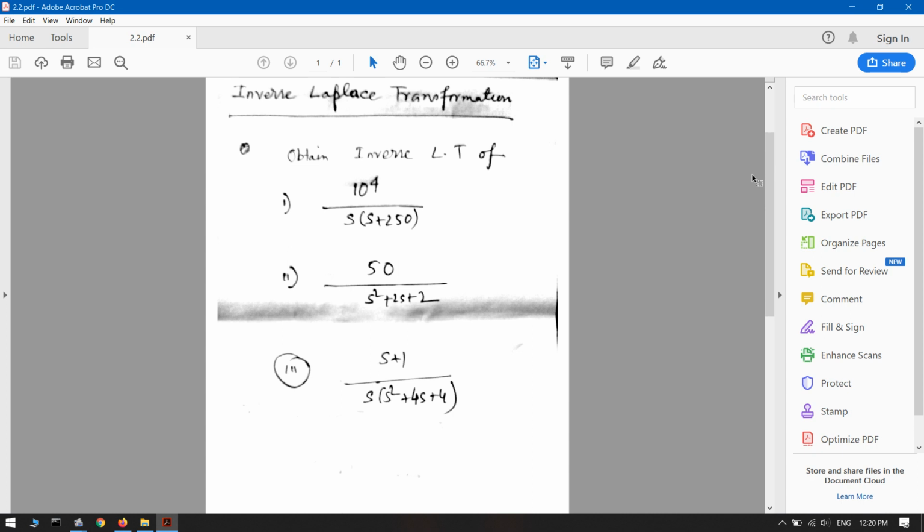So 50 by (s plus 1 plus j) into (s plus 1 minus j). You calculate. So we can write this as a by s plus 1 plus j plus b by s plus 1 minus j. Now you calculate the value of a and b.